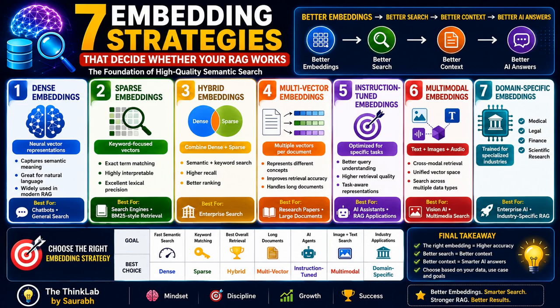So let's get started. What is an embedding, right? So first let's understand what an embedding is. An embedding is a numerical representation of data. It converts text into a list of numbers that is called a vector. This vector captures the meaning of the text. So instead of matching the exact words, AI compares these vectors.